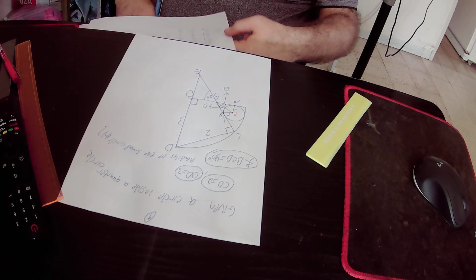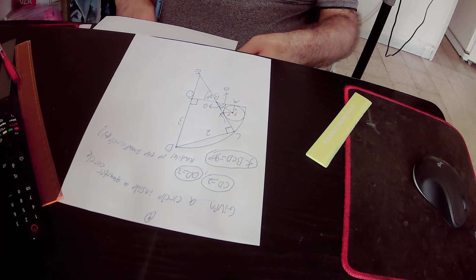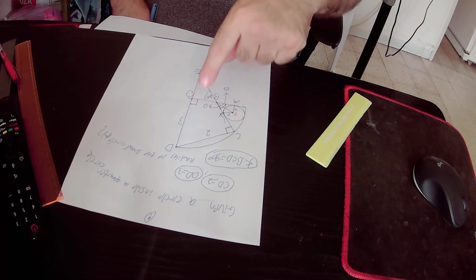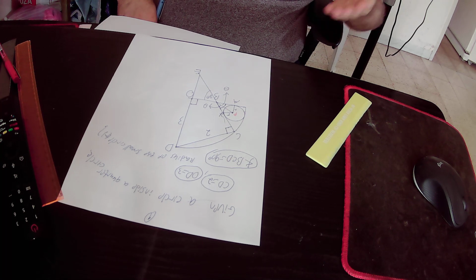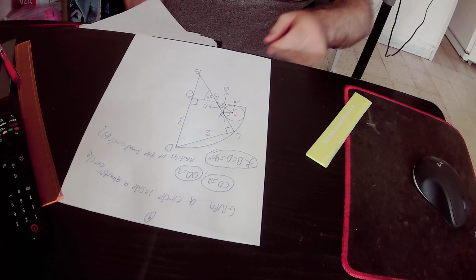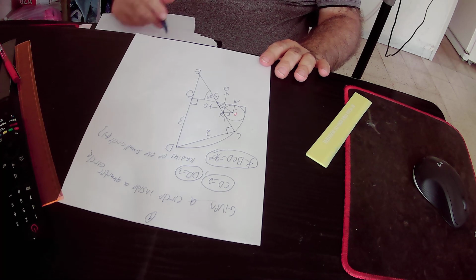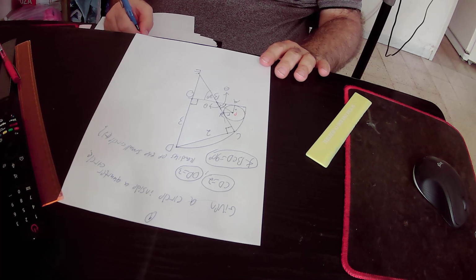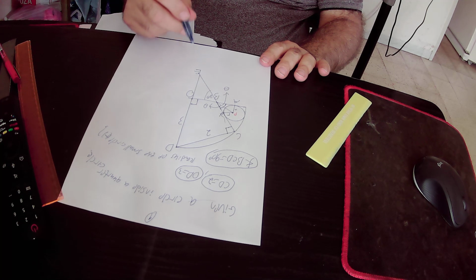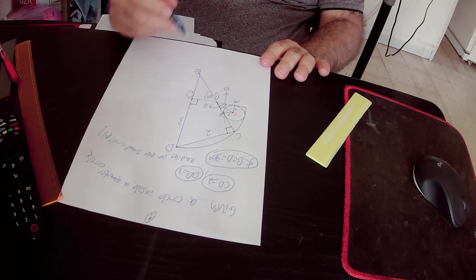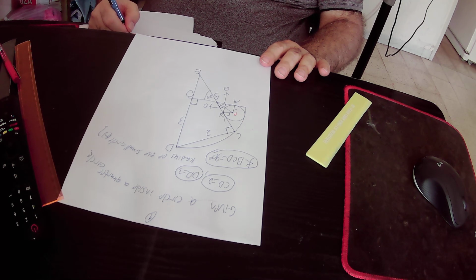So, according to this rule, the sum of the angles on the straight line BE at point O must be equal to 180 degrees. So this angle that is 90 degrees plus the size of angle EOA must be equal to 180 degrees.